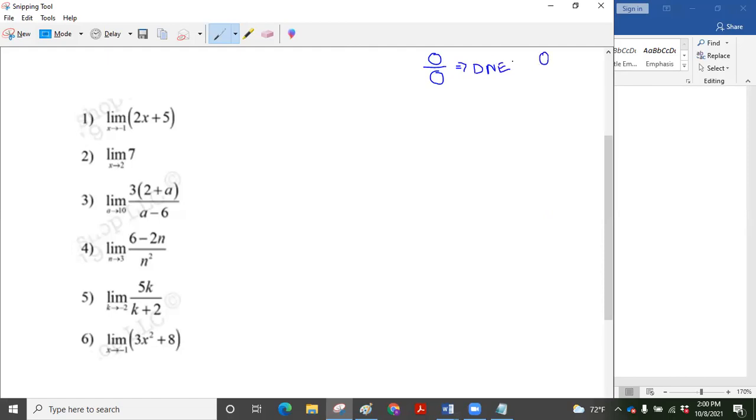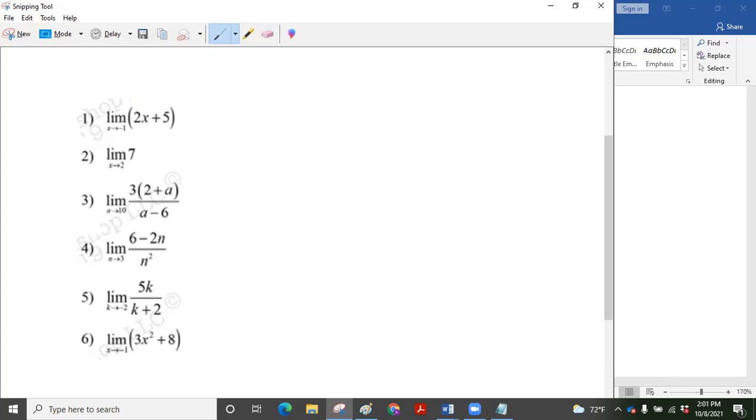Or if you get something over 0, then that's undefined, it doesn't exist, and so on. And if it doesn't give you those results, if it gives you a defined value, then we're fine. If not, it doesn't exist.